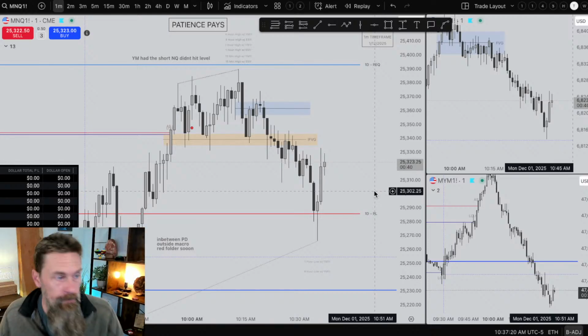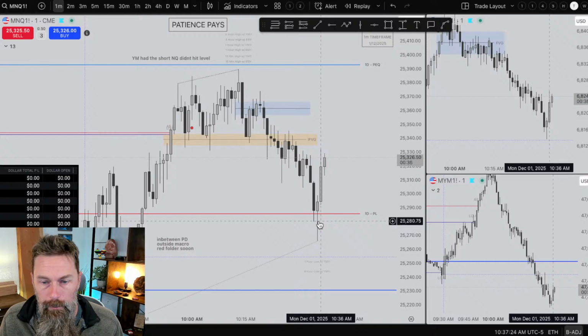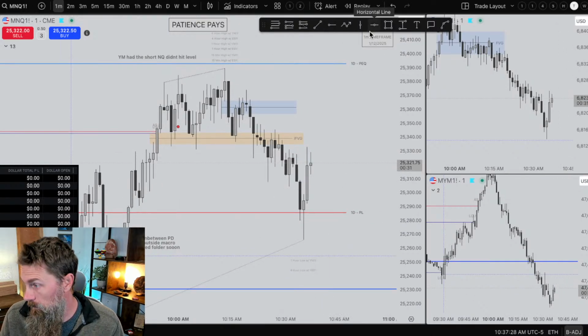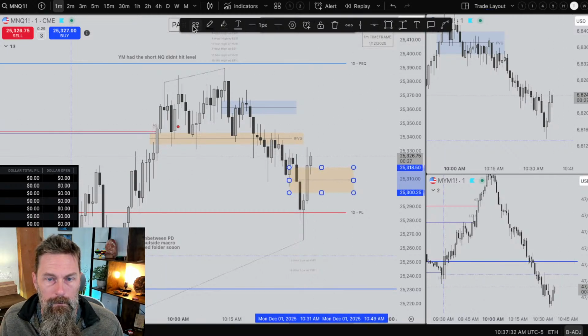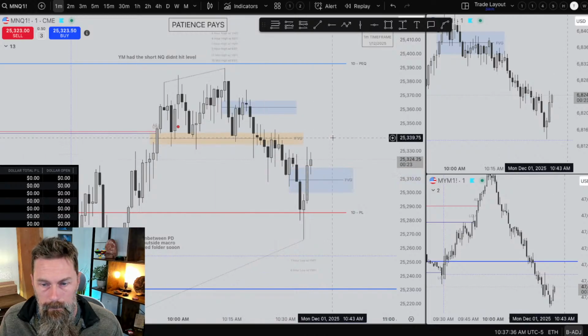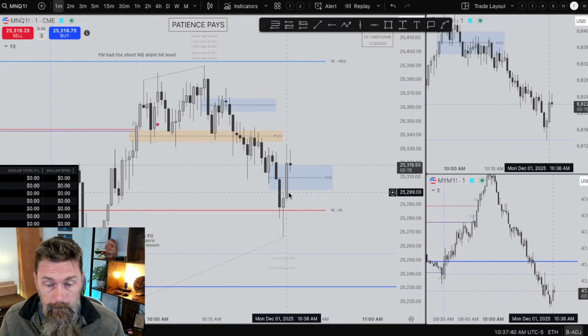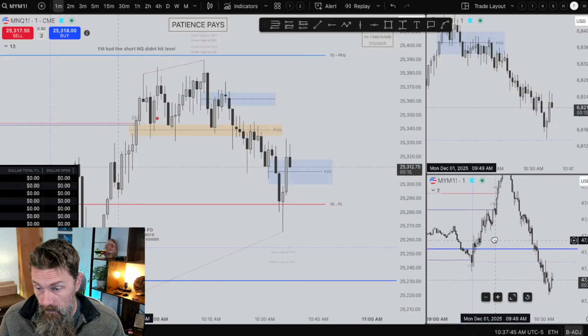Oh boy, there it is. Pretty early though, it's early. So support on previous day low, we have SMT.